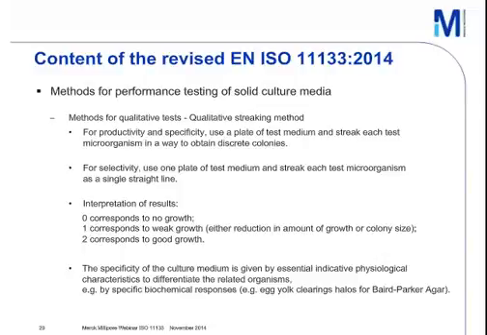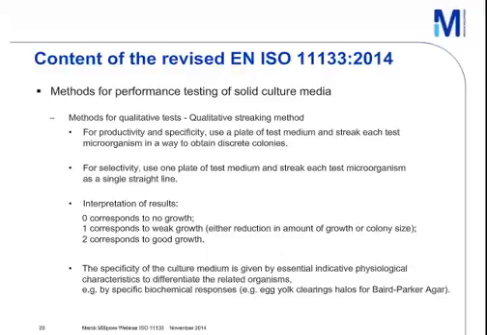For the methods for qualitative testing, the qualitative streaking method is described. For productivity and specificity, use a plate of a test medium and streak out each test microorganism in a way to obtain discrete, single colonies. For selectivity, use one plate of test medium and streak out each test microorganism as a single straight line.